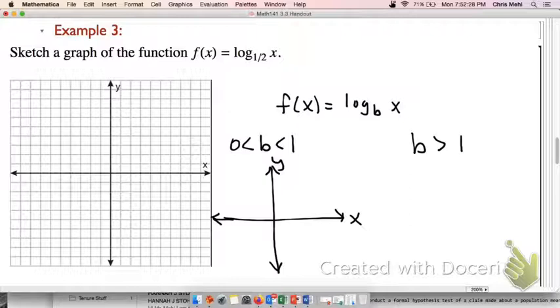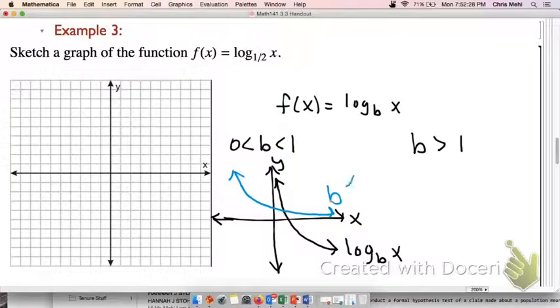When the base is between 0 and 1, you always get a decreasing function. This is the graph of log base b of x. And let me switch colors. That's supposed to be the inverse of the exponential function base b. And an exponential function base b looks like this.